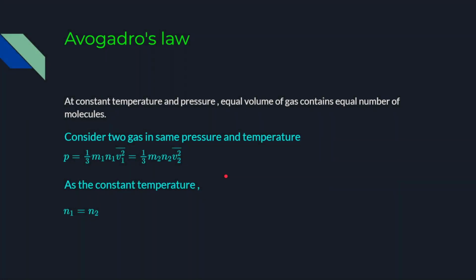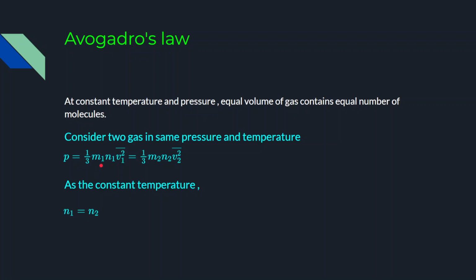Now let's deduce another important law, Avogadro's law. At constant temperature and pressure, equal volumes of gas contain an equal number of molecules. Consider two gases at the same pressure and temperature. Then the pressure can be written as 1/3 m1 n1 v1 bar square is equal to 1/3 m2 n2 v2 bar square. If you have no idea how we get it, go through our first lecture, where we derived this equation.